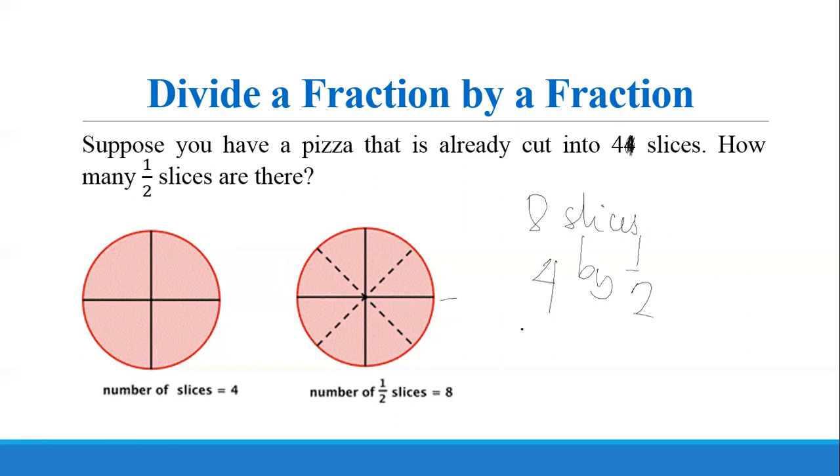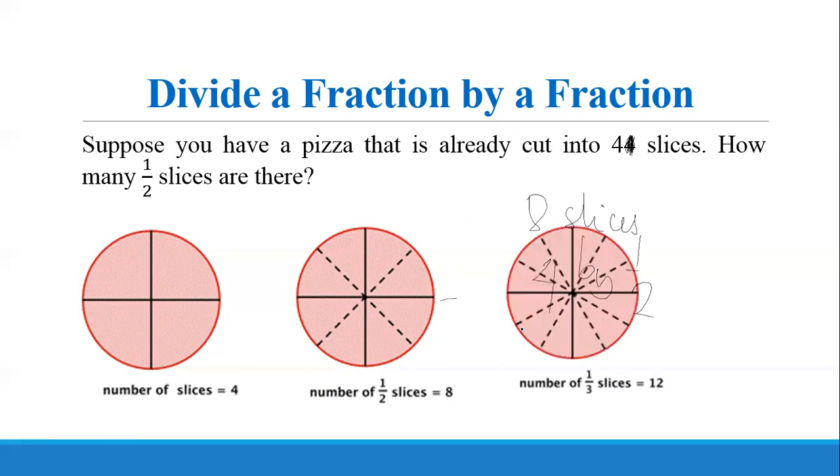Okay, so what would happen if you needed to divide each slice into thirds? Number of 1/3 slices, which is equal to 12. So you would have 12 slices, which is the same as multiplying 4 by 3. Ayan.